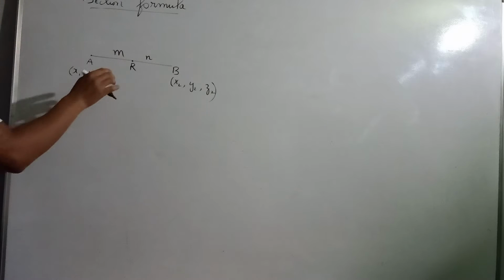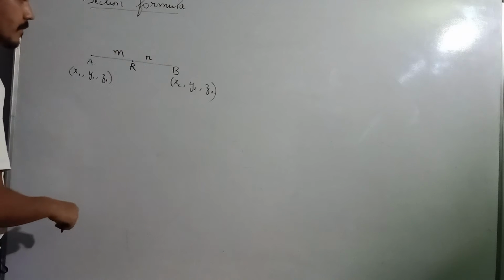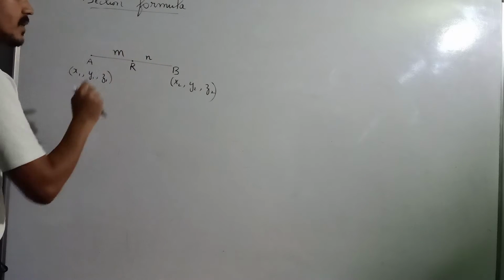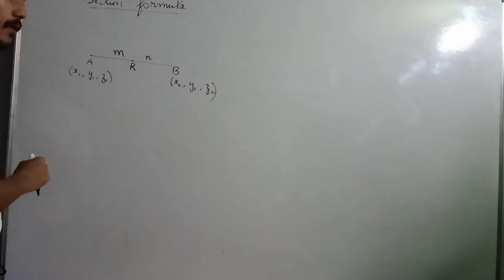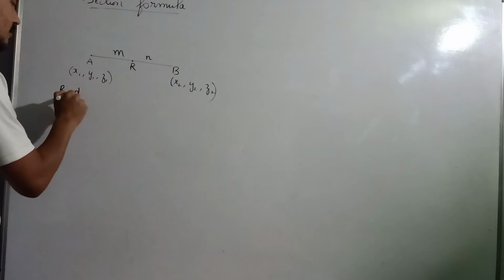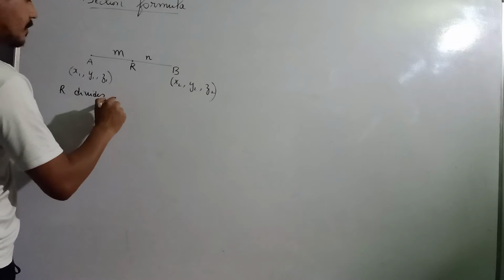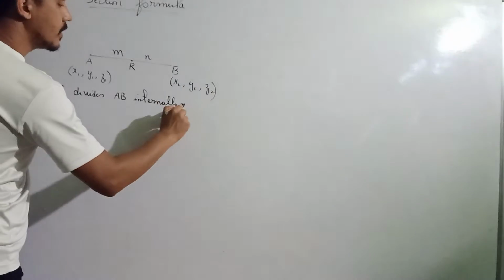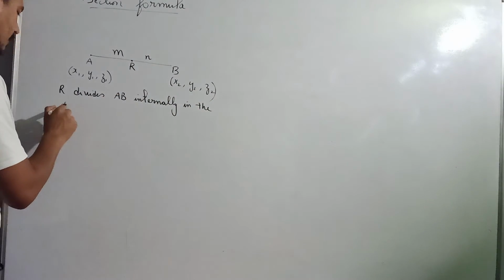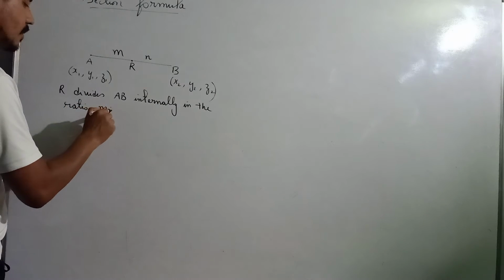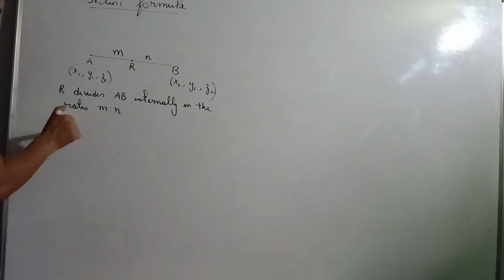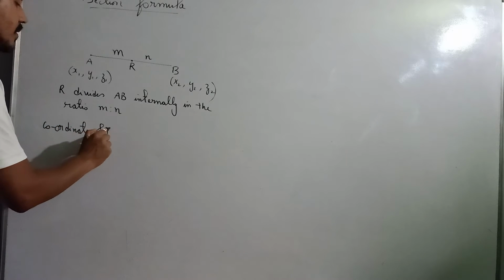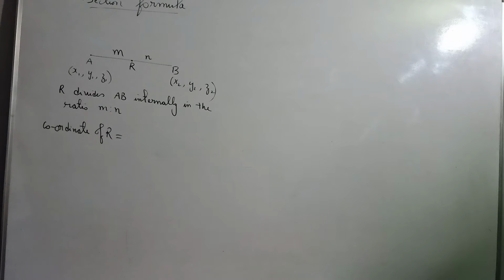Then R is on the line joining AB, R is in between A and B. That means R divides AB internally in the ratio m is to n. Then the coordinate of R can be determined by using the section formula.